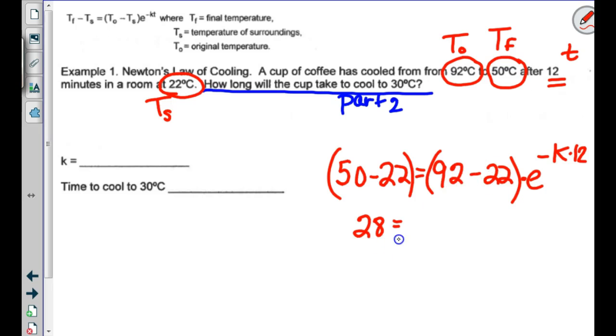So 92 minus 22 is 70. And then we have e to the, I'm just going to rewrite this as negative 12K, or opposite of 12K. All right, what do we have to do first? This is what students mess up. Algebra brain first says to do what? Yes, divide by the 70.